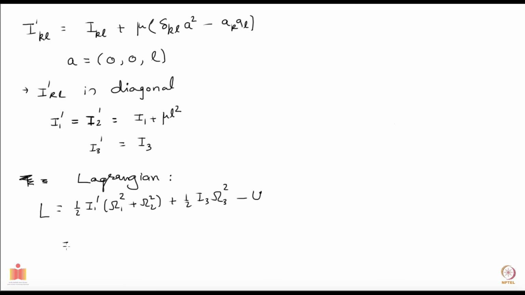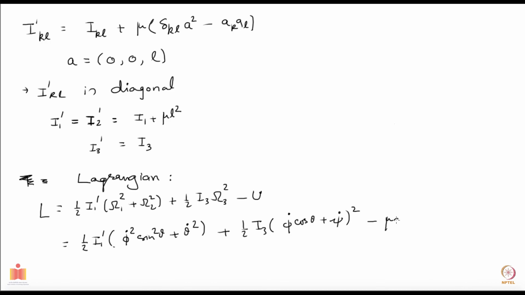Now this you can write as the following: half I1 prime, phi dot square sine square theta plus theta dot square, plus half I3, phi dot cos of theta plus psi dot, square, and then you have minus mu g L cos of theta.